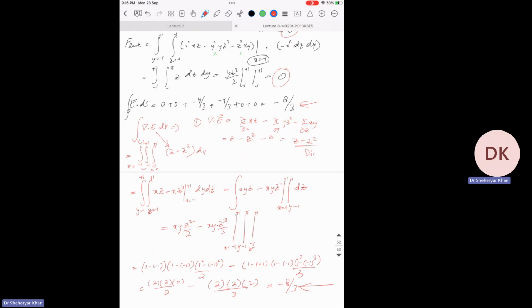dB is dx dy dz. No, dx dy dz. Because here we solve with x. If we solve with x, it's x z square. Let me write another step.